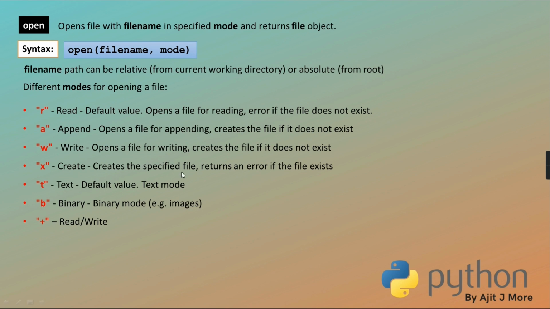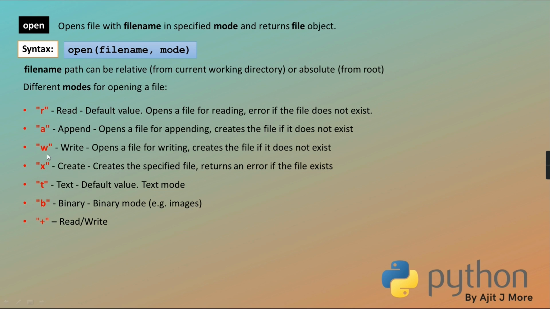Exclusive creates the specified file, returns an error if it exists. So if I attach X to W, WX, it will open the file for writing, but exclusive writing. Meaning it should open for writing only when the file doesn't exist. In case of W, what is happening? If it exists, it erases the data.